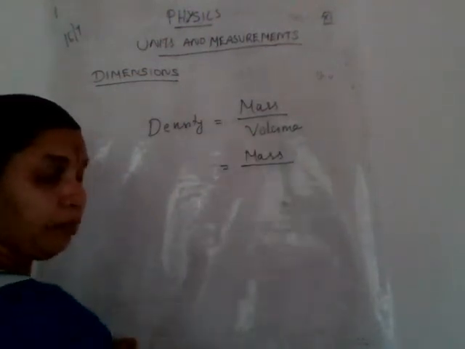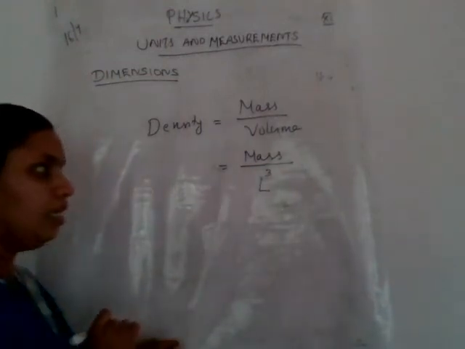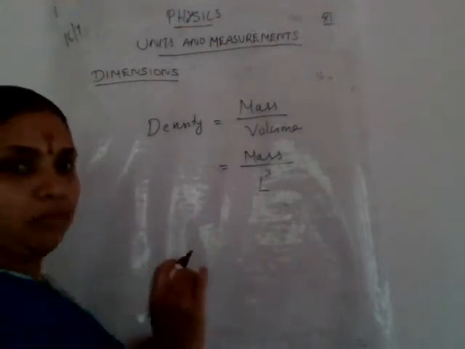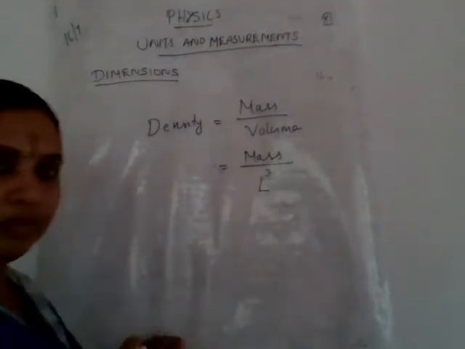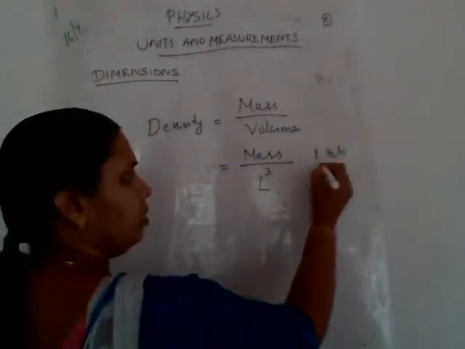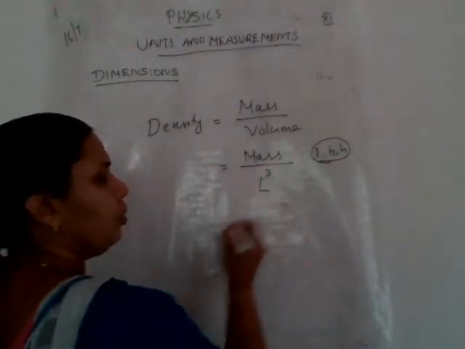And what is volume? Volume is L cube, length into breadth into height. So it is the measurement of length, multiplied 3 times. Everything is length: length, breadth, height. So all the measurements are length, and we write it as L cube.